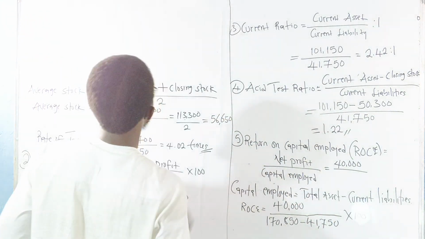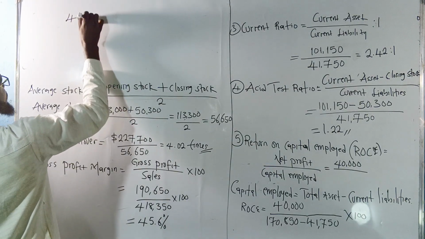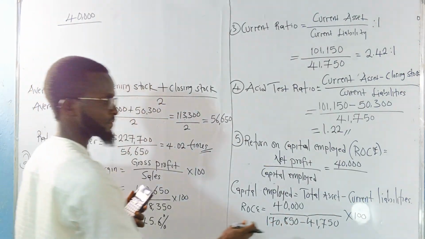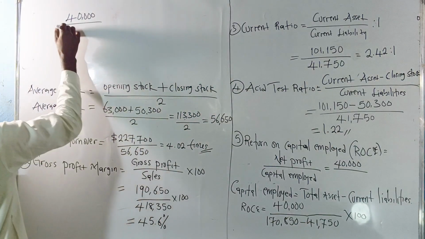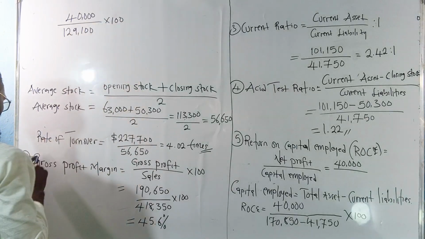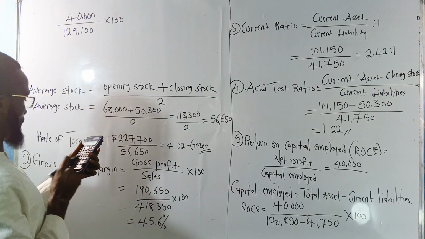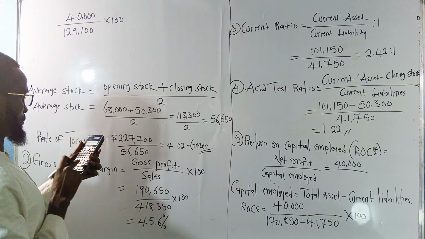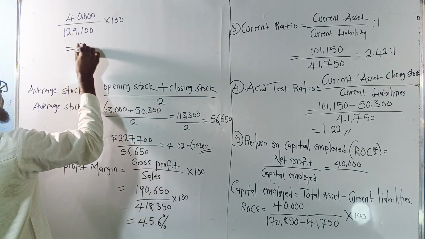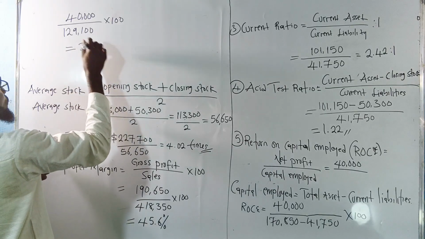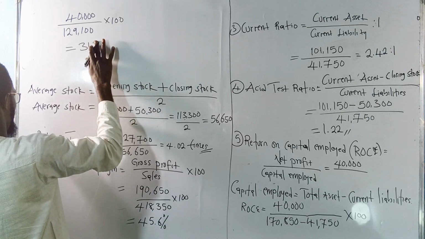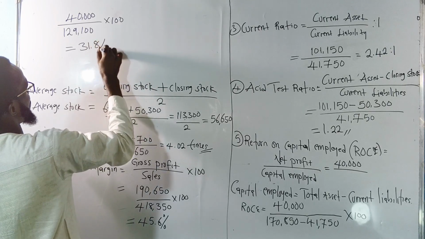Therefore, our answer is 40,000 all over 170,850 minus 41,750, which gives 129,100, times 100. 40,000 divided by 129,100 times 100 gives 31.8%.